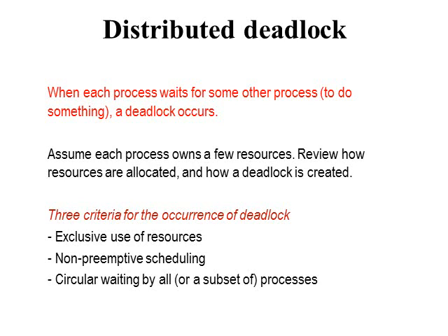So when these resources have to be used only exclusively, that is one of the reasons for a deadlock to happen. Now the other reason why a deadlock can occur is non-preemptive scheduling. What is meant by non-preemptive resource scheduling?